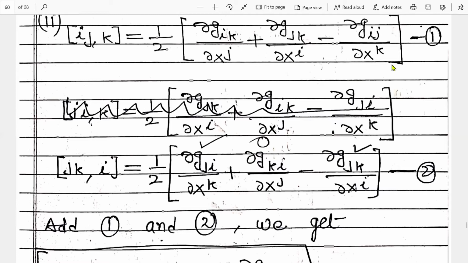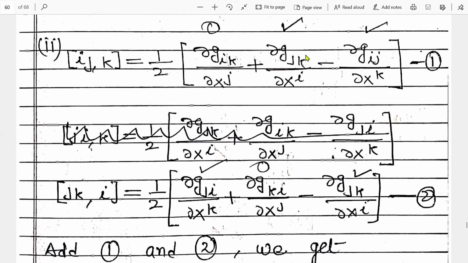Now add these two equations. If we add these equations, this term cancels with this term, they are the same but negative to each other. Similarly, this term cancels with this term.